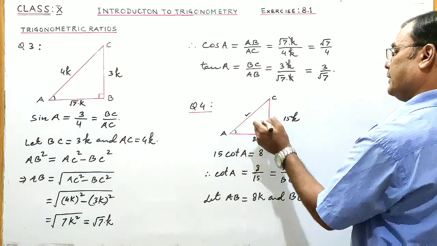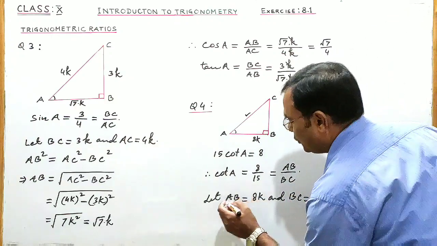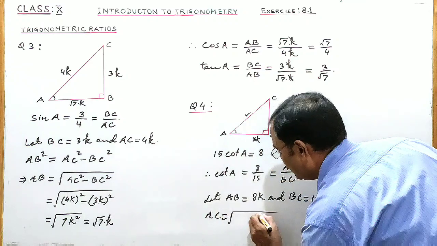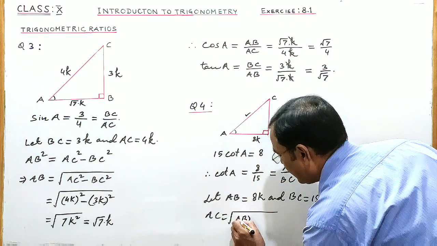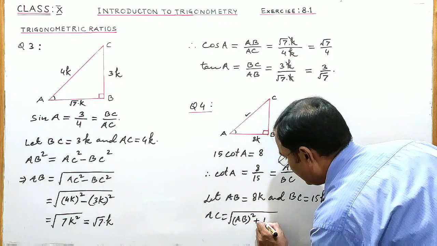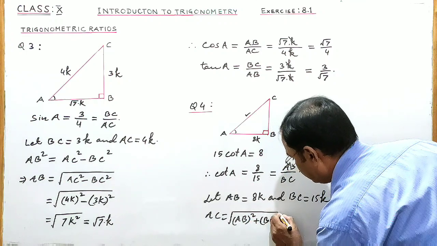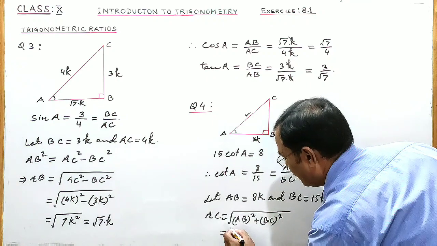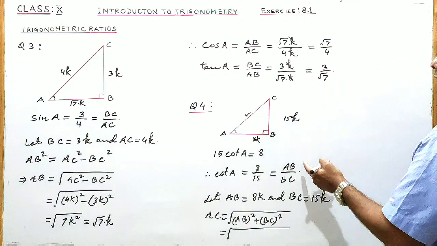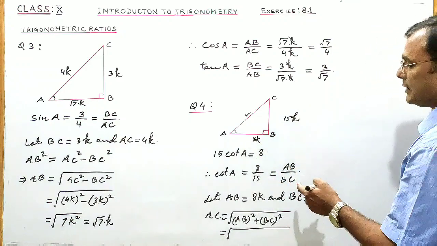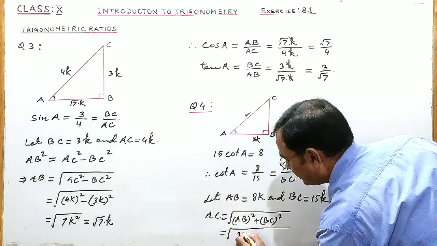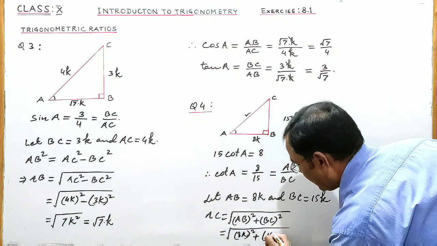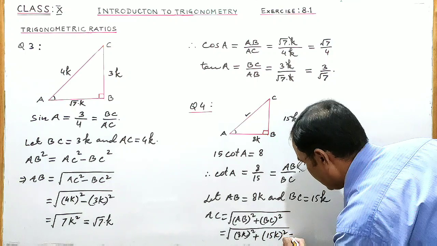Now let us find hypotenuse AC. So using Pythagoras theorem we can write AC is equal to under root AB square plus BC square. This is equal to under root 8K whole square plus 15K whole square.